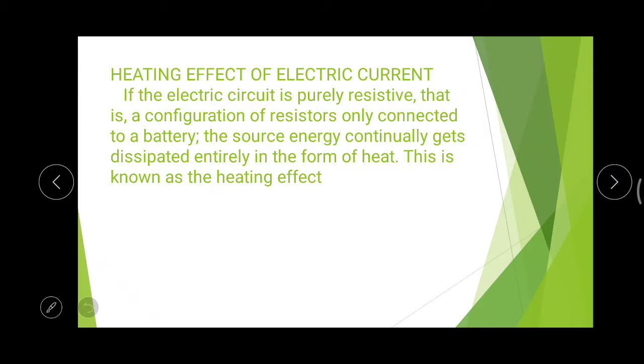So if the electric circuit is purely resistive, there is a configuration of resistors only connected to a battery. The source energy continuously gets dissipated entirely in the form of heat. This is known as the heating effect.